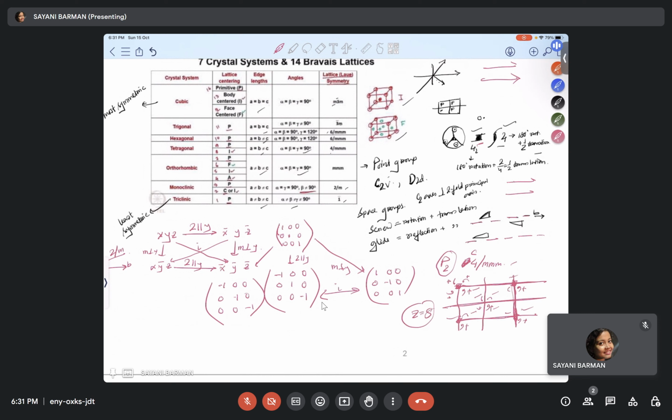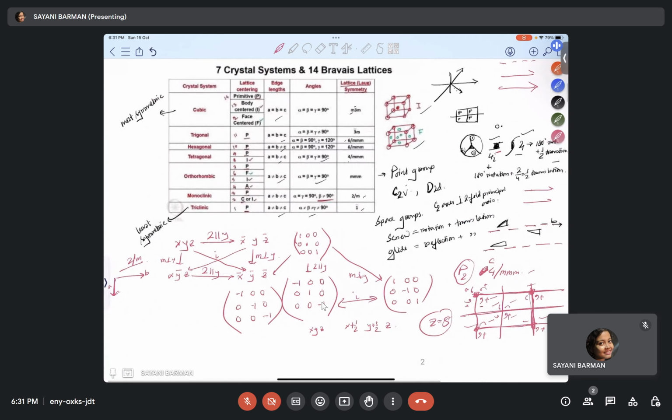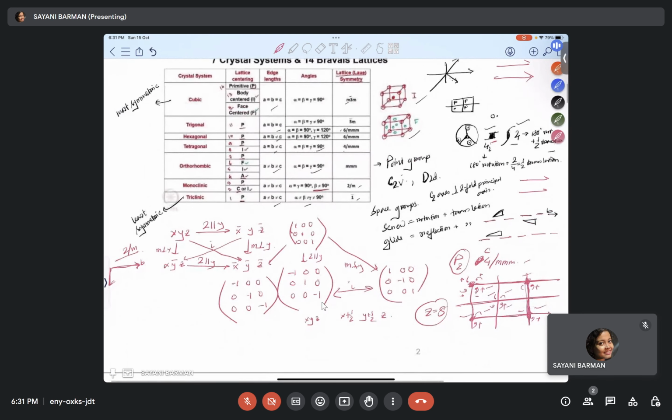Also we denote it as XYZ. Let's say this one will be for XYZ, then for C centering, it will be X plus half, Y plus half, and Z. I have already written here. We take X axis like this, Y axis like this. This one is going here and then coming here, so movement in x and y direction is happening.